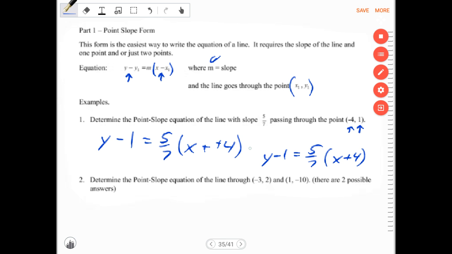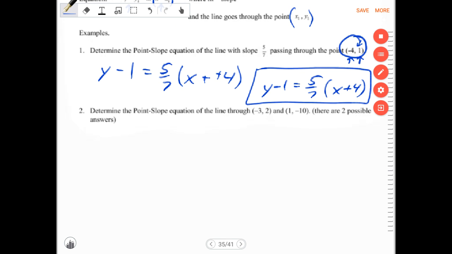Now, if you have a good look at this, the y in the coordinate was 1, now it's -1. The x was -4, now it's +4. So really, all that happens here is the signs on the coordinate just change. So y minus 1, 5/7 the slope, and then x plus 4. Pretty straightforward.